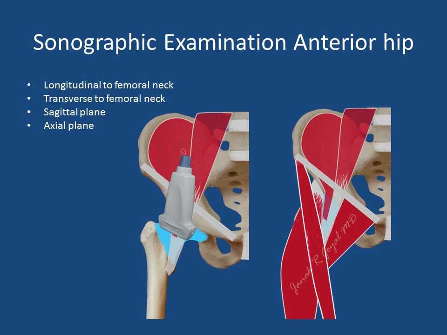Now, the transducer is oriented along the axis of the iliopsoas tendon for the sagittal axis of the scan to look for the iliopsoas bursa and for the examination of the iliopsoas tendon, and the axial scan is placed at 90 degrees to the sagittal scan.